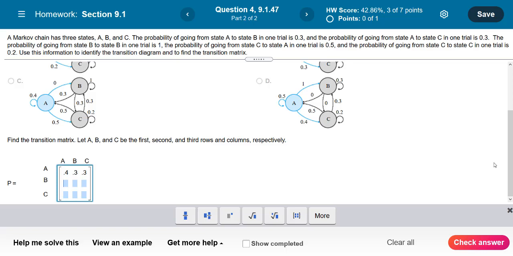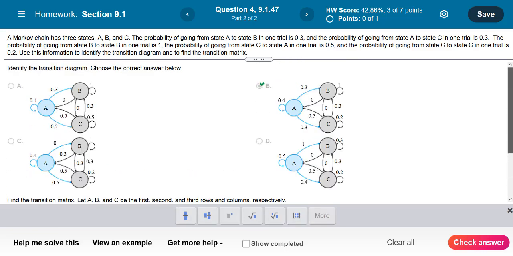So in the next box, we need B to A on the transition diagram that we've already got correct. Here is B to A. That's labeled a 0. B to B is labeled a 1. And B to C is 0.